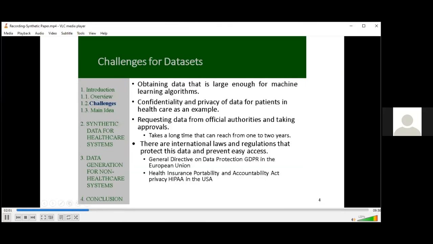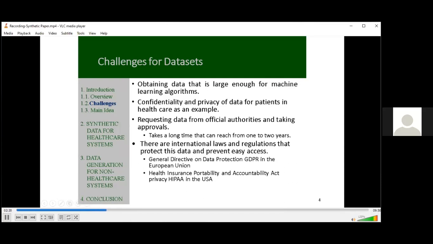There are challenges for data sets, like obtaining data that is large enough for machine learning algorithms, and confidentiality and privacy of data, for patients in the healthcare system for example. Requesting data from official authorities and taking approvals may take a long time, reaching from 1 to 2 years.